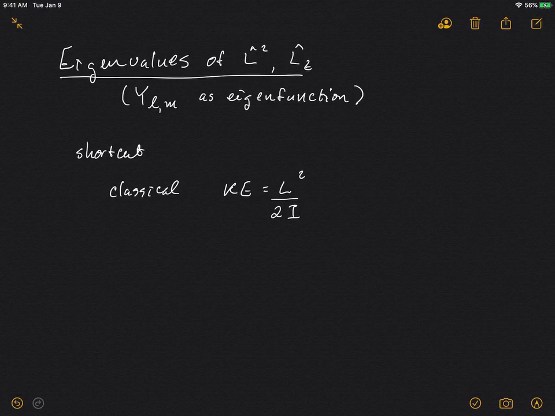If this is true classically, it must also be true quantum mechanically. And we know that there's no potential energy in the system, so the Hamiltonian is equal to the kinetic energy.